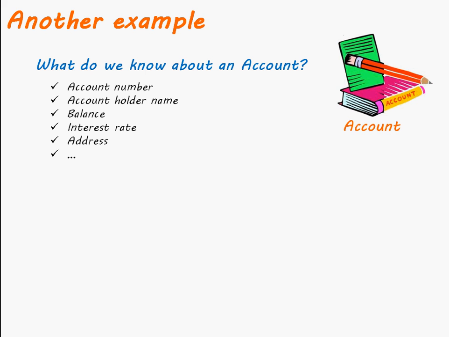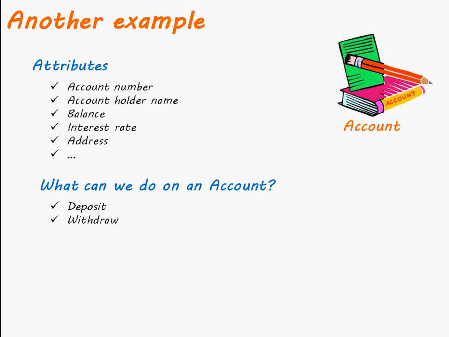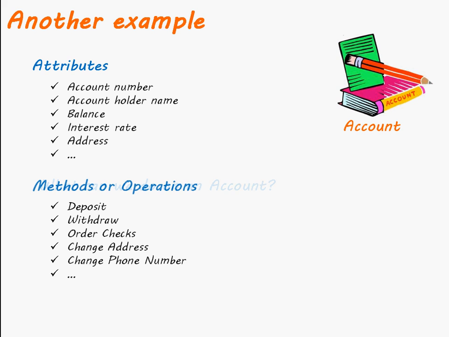Account number, account holder name, balance, interest rate, address, etc. Again, we can call these attributes. And what can we do on an account? Deposit, withdraw, order checks, change address, change phone number, etc. Also, we can call these operations or methods.